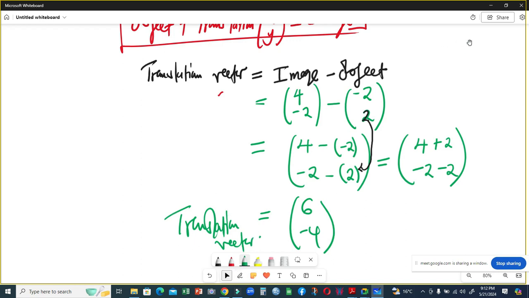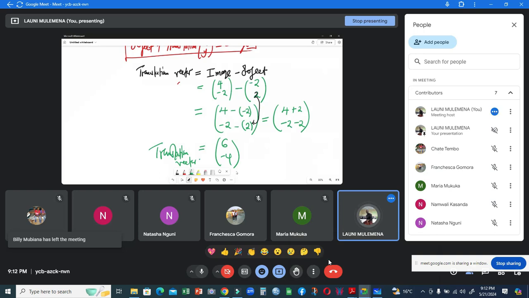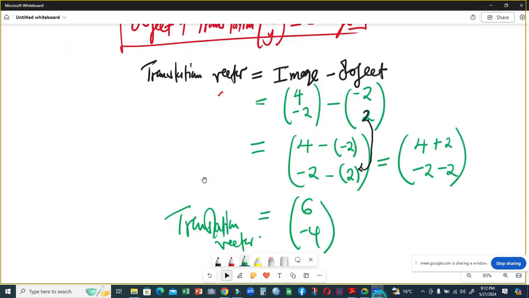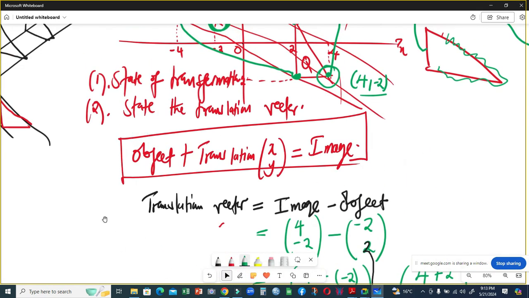So now let's describe the transformation fully. What are we supposed to do for us to describe the transformation fully? I've said 1, state the type of transformation. 2, state the translation vector.